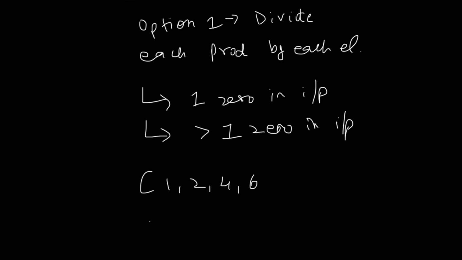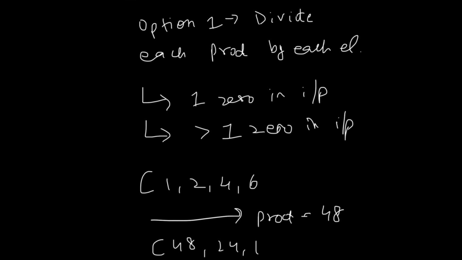So first we'll iterate through all of these, we'll calculate the product, which is 48, and then we'll divide the product by each element as we iterate through. So that is 48, 24, 12, and 8.